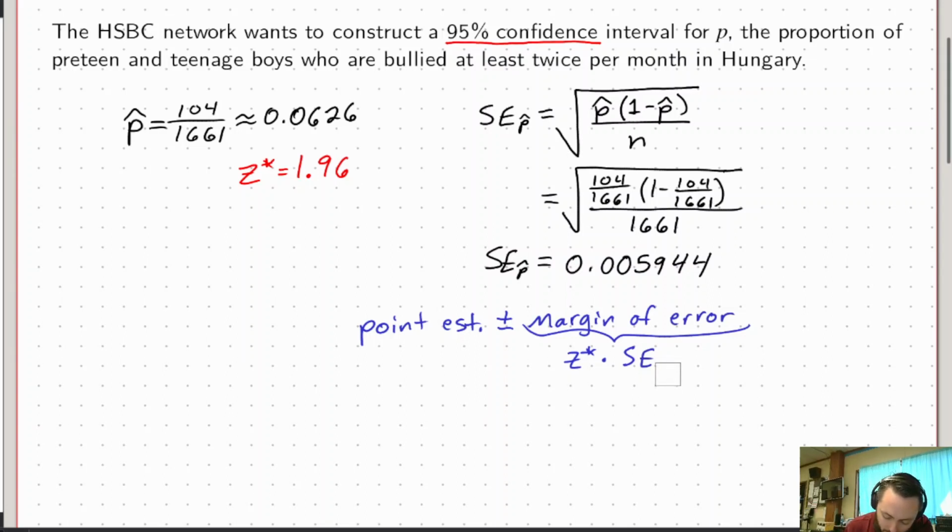So our point estimate is p hat. So we have p hat plus and minus z star times our standard error. So our p hat, 0.0626, plus and minus z star, 1.96, times our standard error, 0.005944.